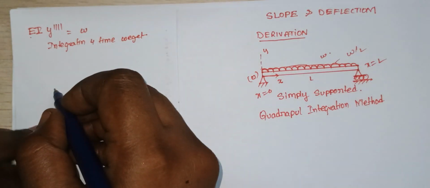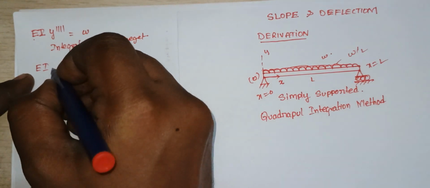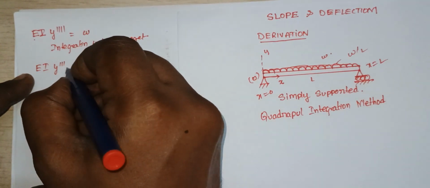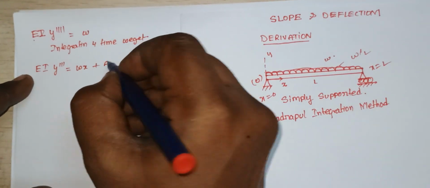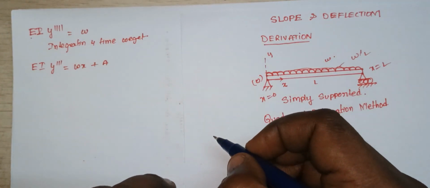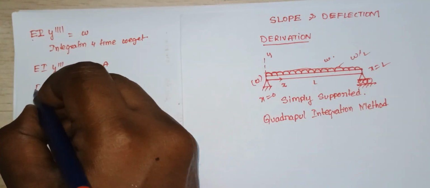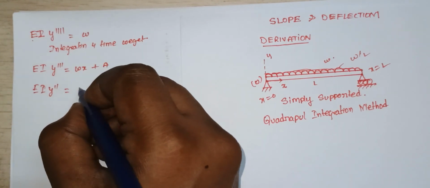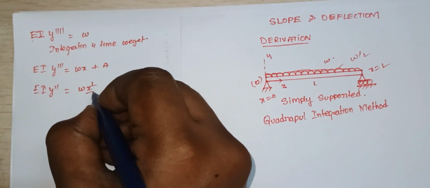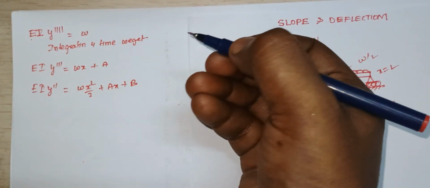The first time we integrate, we get E I y triple dash is equal to W x plus a, where a is a constant. Integrating again, we get W x square by 2 plus a x plus b.